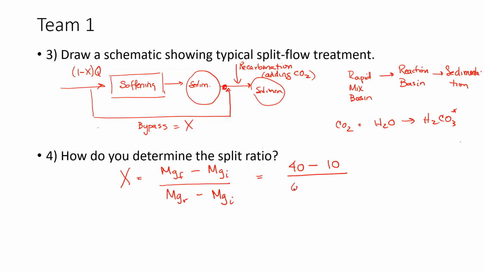We start with 60, that was the initial concentration. So that is equal to 30 over 50. So we have about a 60% bypass. Okay, so that's our bypass ratio.